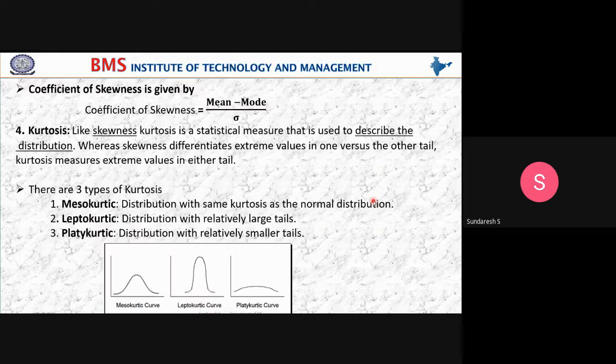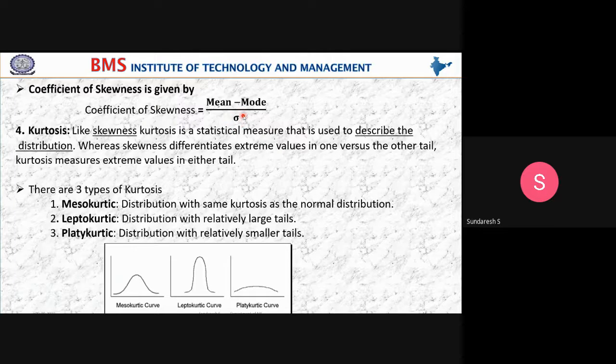Next, skewness is measured by using a term called the coefficient of skewness. The coefficient of skewness is given by the difference of mean minus mode, divided by the standard deviation, where sigma represents the standard deviation.